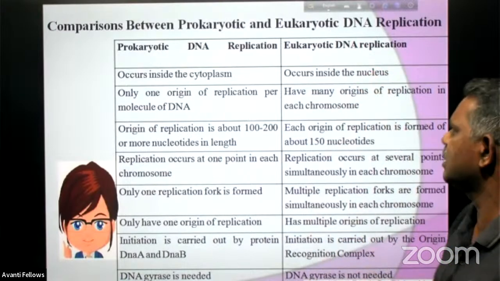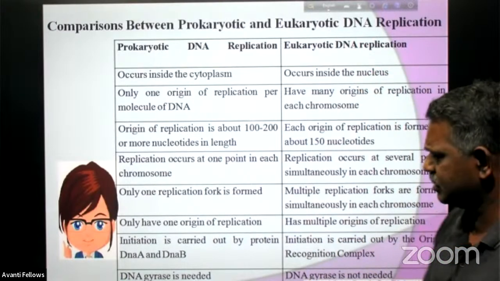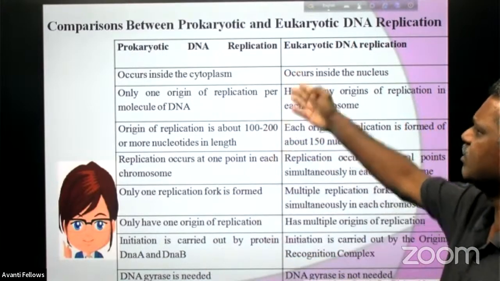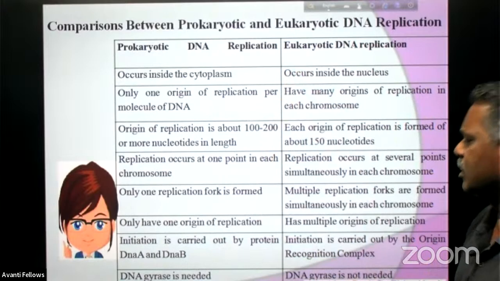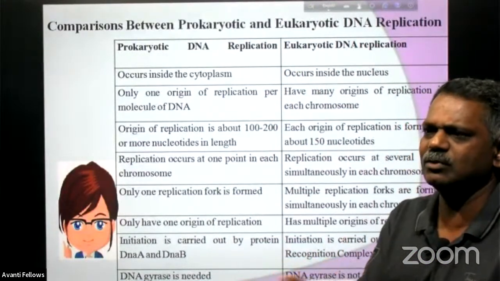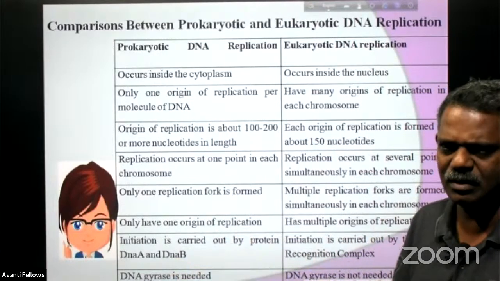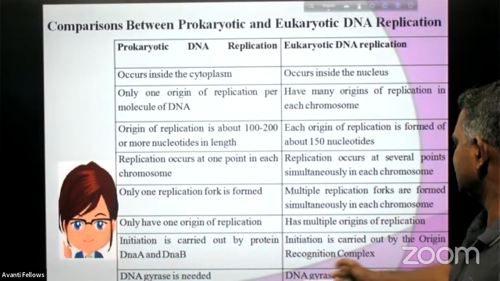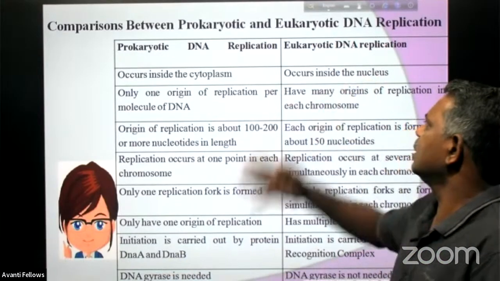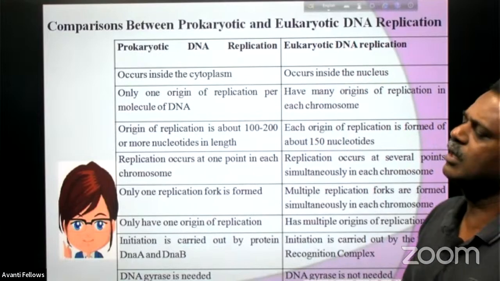And DNA gyrase is needed in prokaryotic replication, because DNA gyrase is a type of topoisomerase to reduce the tension during the unwinding of the DNA. Whereas gyrase enzyme is not at all needed in the replication of eukaryotic DNA.